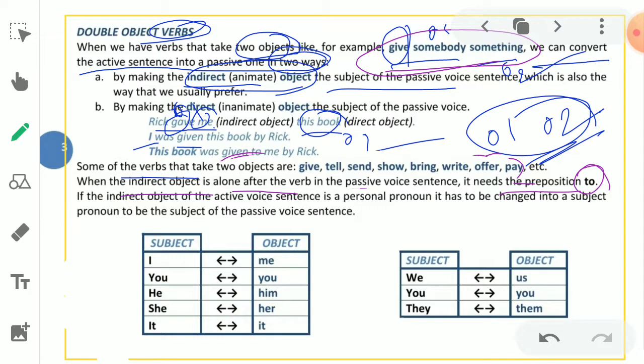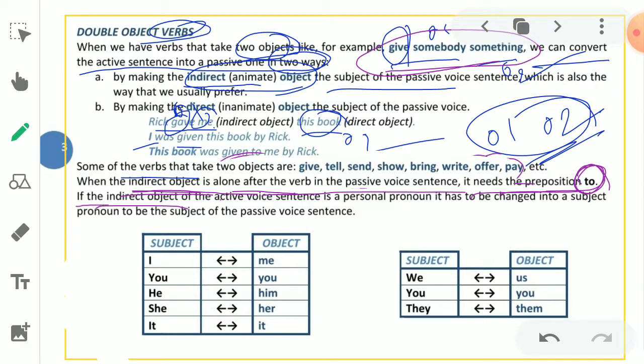If you take the indirect object alone, in the sense that it is placed at the end, if the indirect object is alone after the verb in a passive voice sentence, it needs the preposition to.